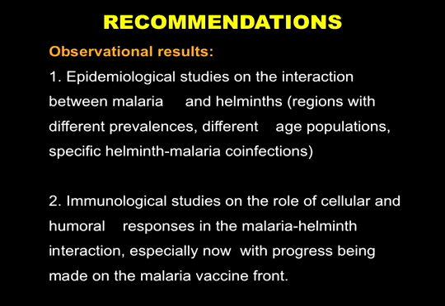In addition, looking at different age populations. I looked at the age population 0 to 5 for the outcome and noticed that even in that age group, child helminths were associated with child malaria, as has been reported for the older child age groups.